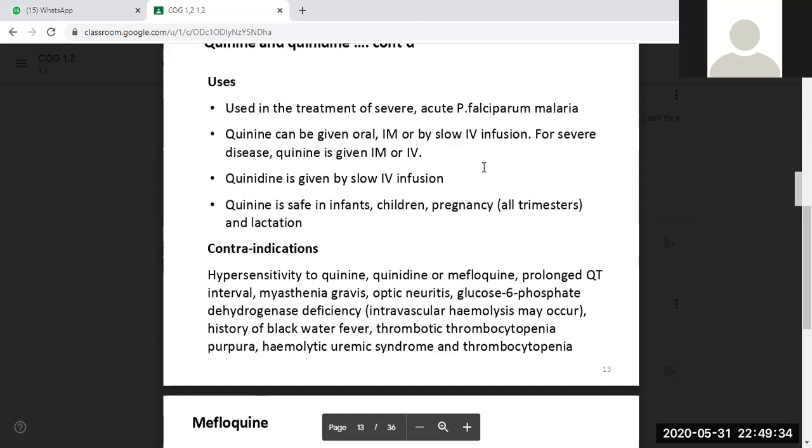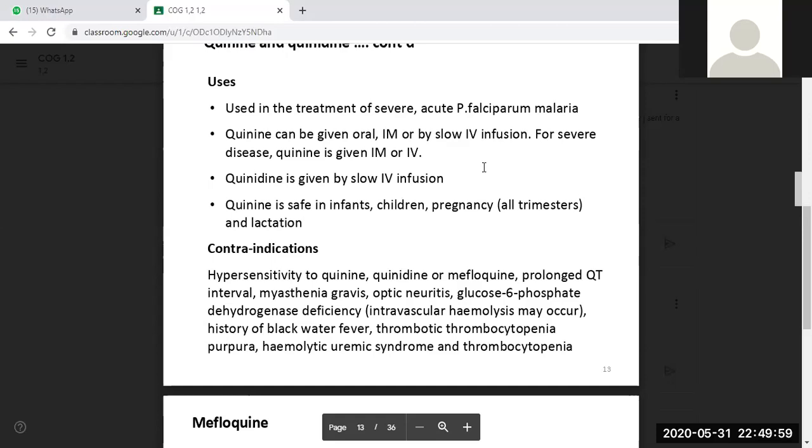For severe disease, quinine is given either intramuscularly or intravenously. Quinidine, on the other hand, is given by slow intravenous infusion. Quinine is safe in infants, children, pregnancy in all trimesters, and lactation, so you can use it regardless.